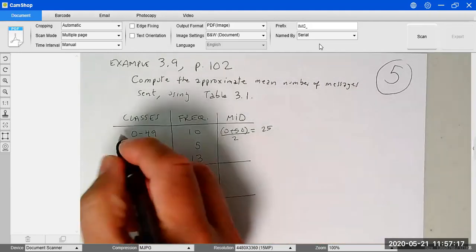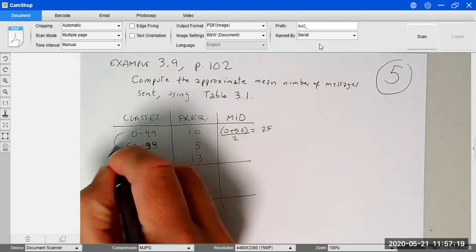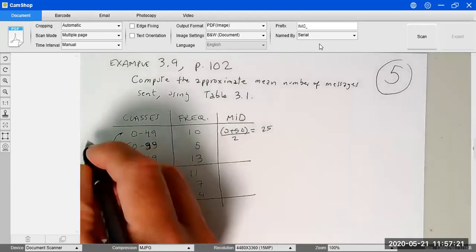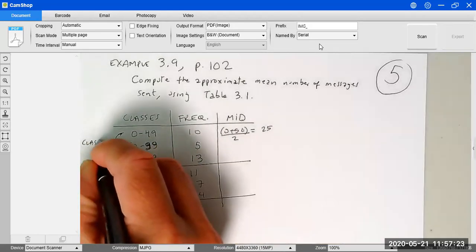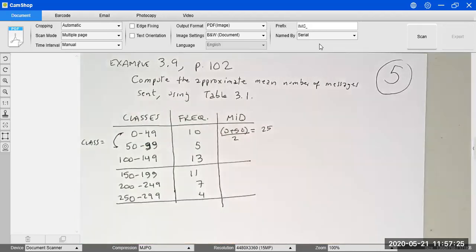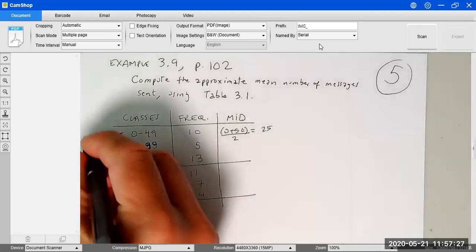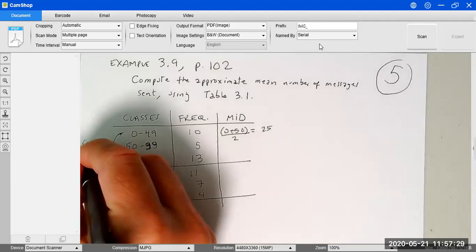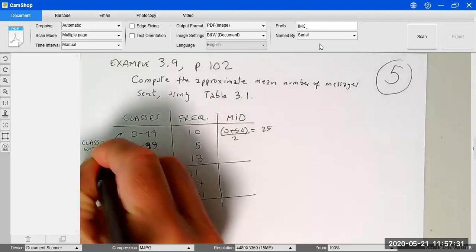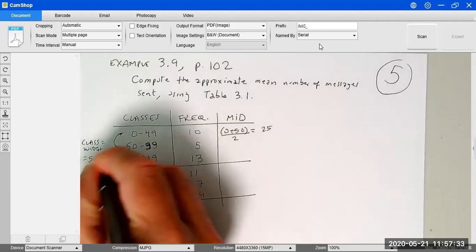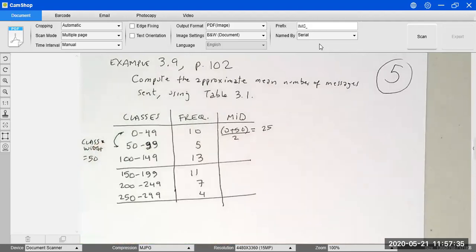Then we can just find the class width. The class width here is 50, the difference between two consecutive lower limits.